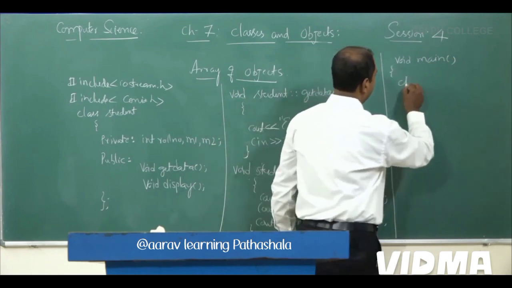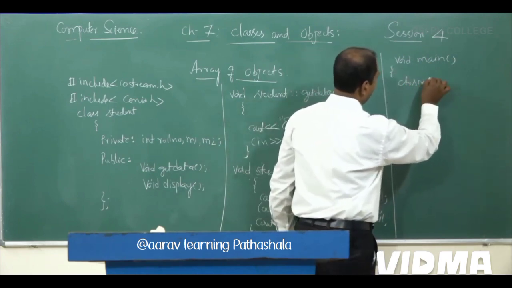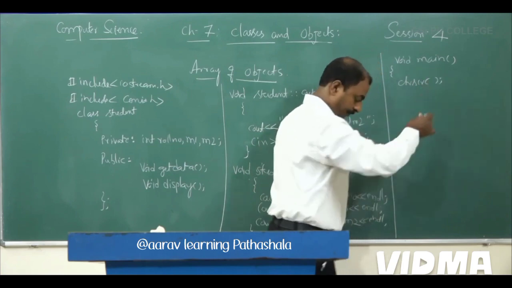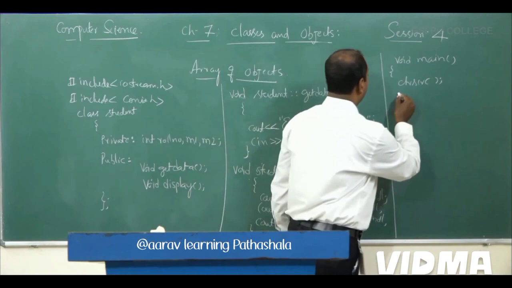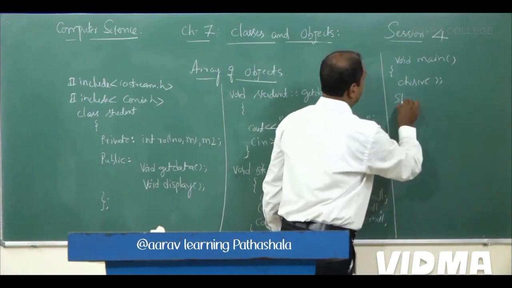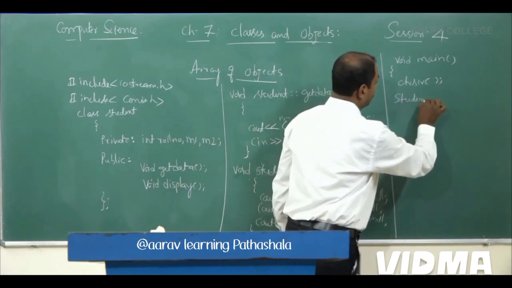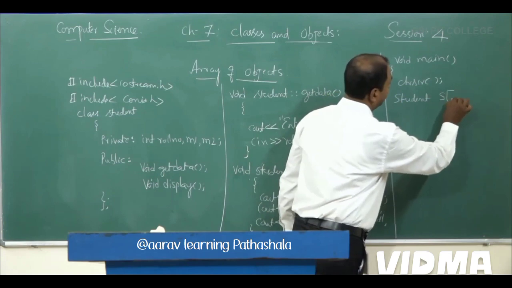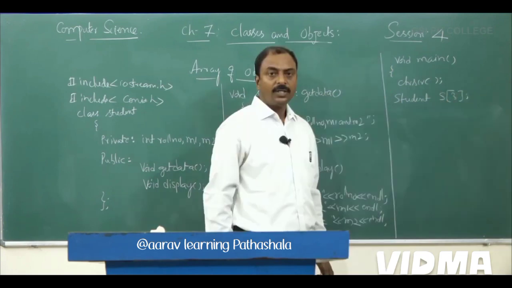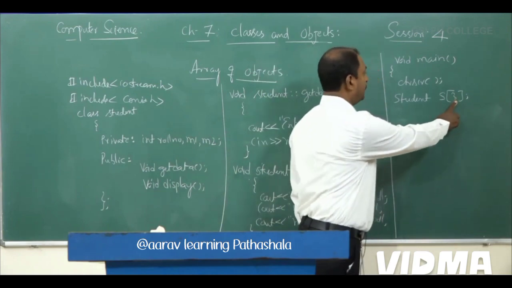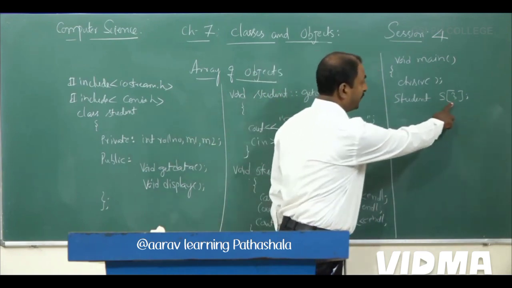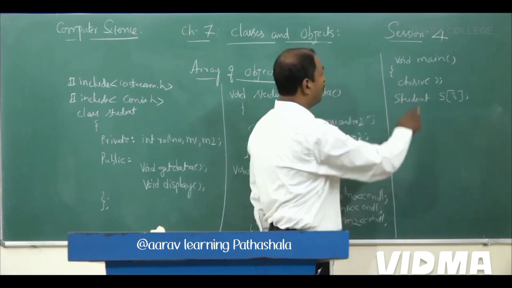First step is clear screen. Next we have to create an object of the class. The name of the class is student. I say S of 3. S3 is the name of an object, with the concept of array of objects.